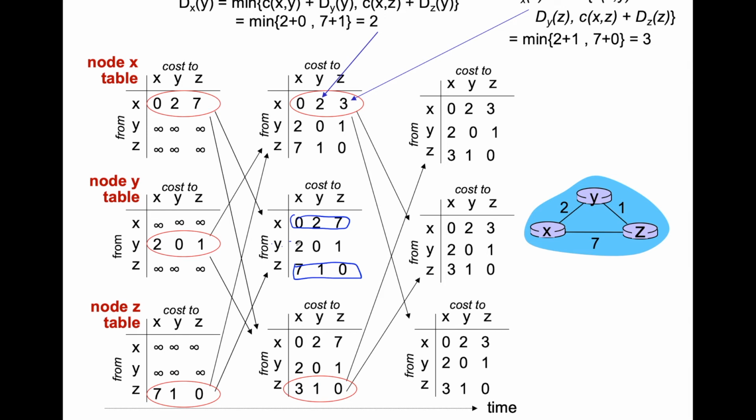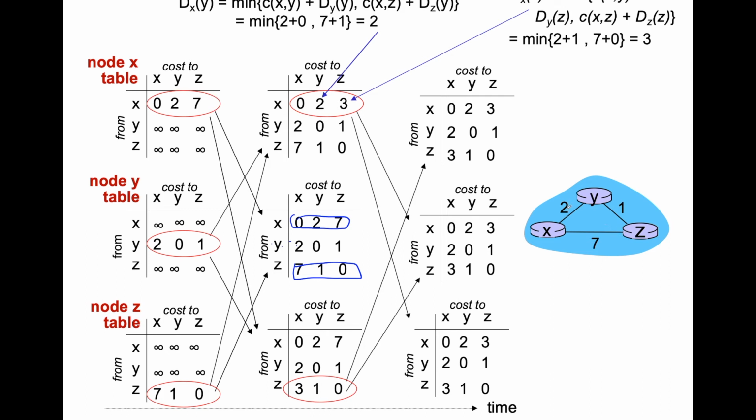So if we go from Y to X, well, we go either through Y's neighbor X or through Y's neighbor Z. If we go through Y's neighbor X, that's a cost of 2, plus the distance vector estimate from X to X, which is 0. That's 2 plus 0, which is 2. And then if we go from Y to X through Y's neighbor Z, that's a cost of 1 to get through that link from Y to Z, and then the least cost path estimate from Z to X is 7. 1 plus 7 is 8.